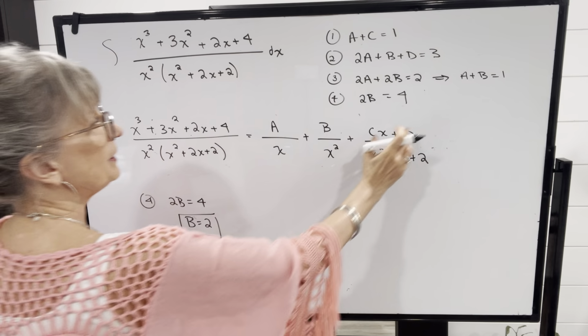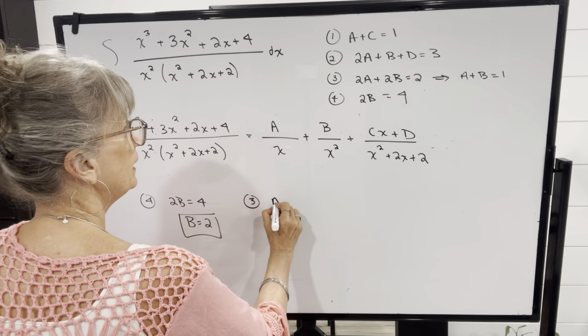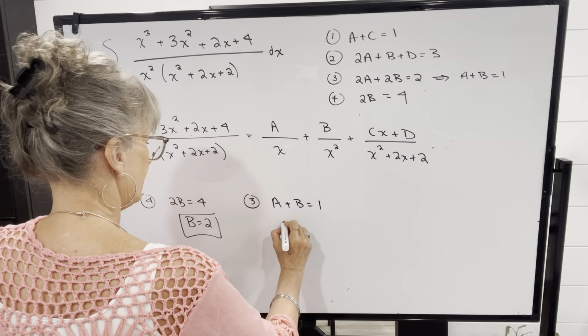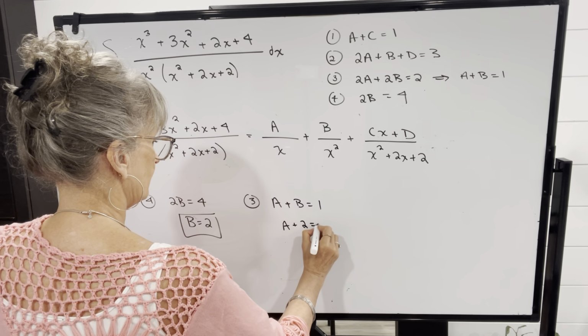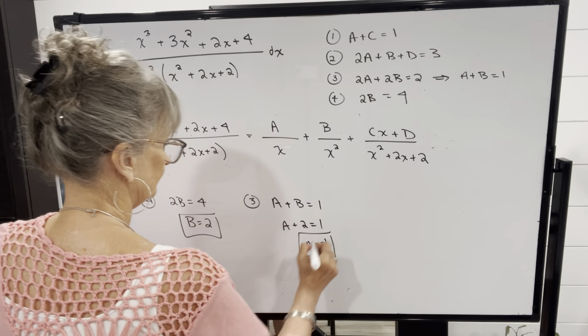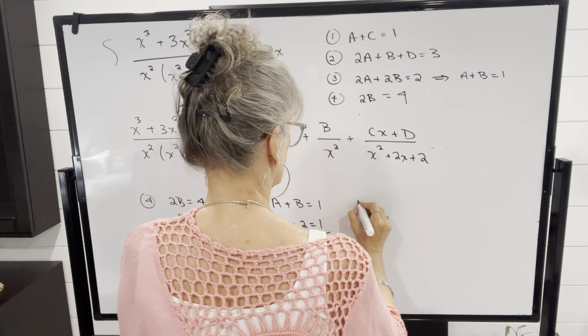Now that I know b, let's solve for a in equation 3. So a plus b equals 1, so a plus 2 equals 1, so a is equal to negative 1. Now that I have a, I can solve for c.